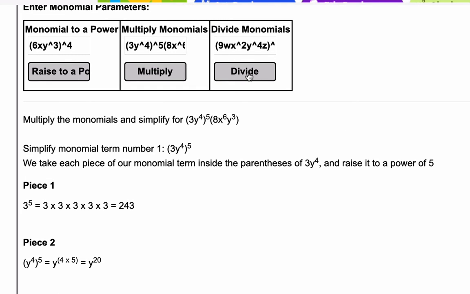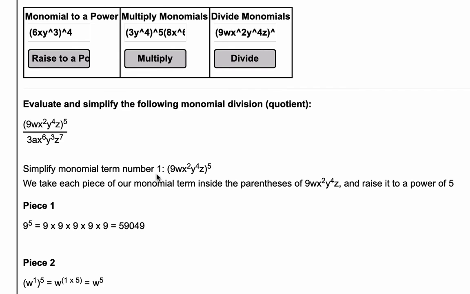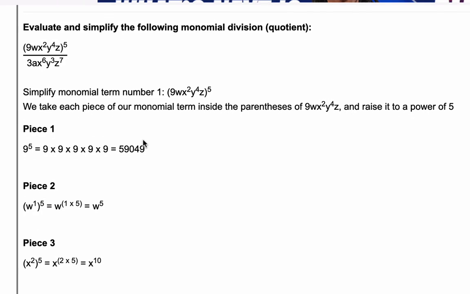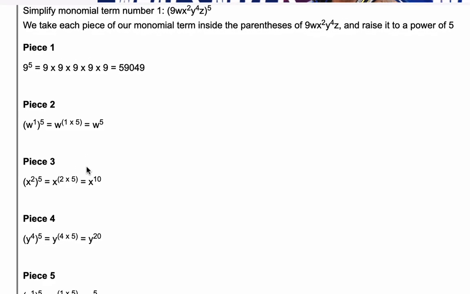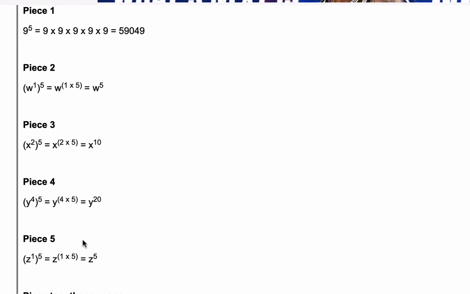Finally, we want to divide monomials. So we'll divide one by the other. And the rule is matching exponents or matching variables, subtract if you're going from top to bottom. So first, we've got to expand this piece, the top. And when we do that, we get piece 1, piece 2, piece 3, piece 4, piece 5.